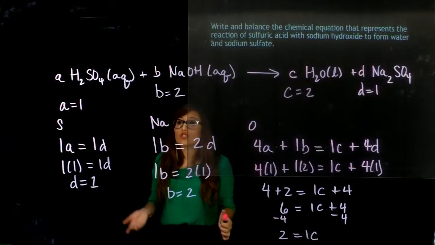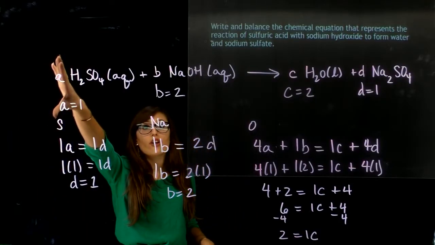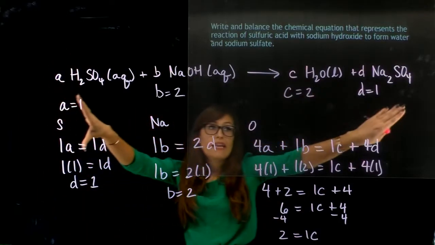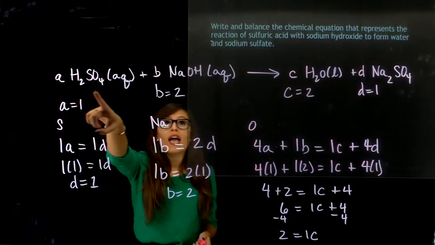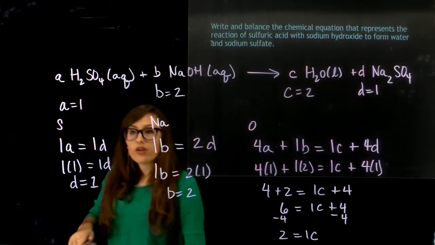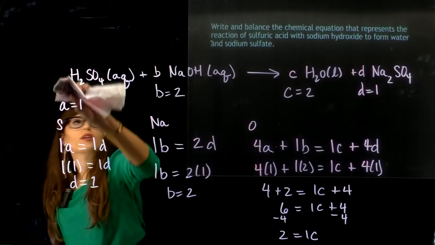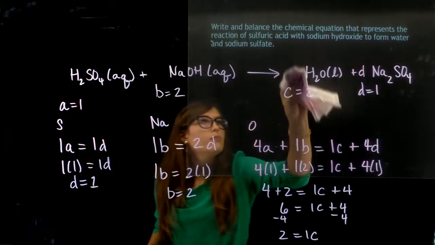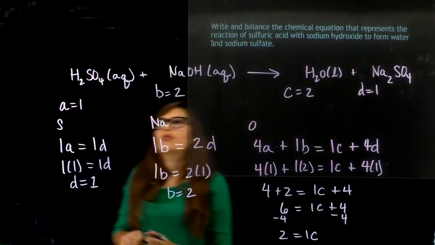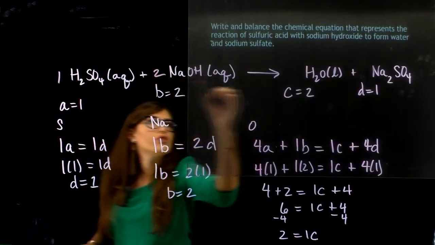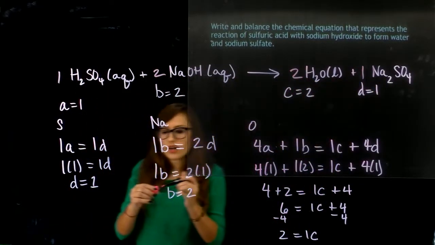Well, we can go ahead and double check this. We have to make sure everything on our left adds up to however many atoms we have on the right. So let's replace these with the appropriate coefficients now. So we have 1, 2, 2, and 1.